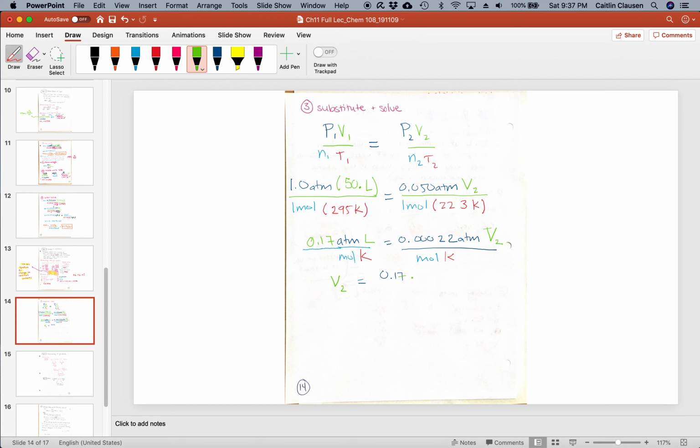So yeah, atm liters divided by mole K, all of that divided by this whole thing.